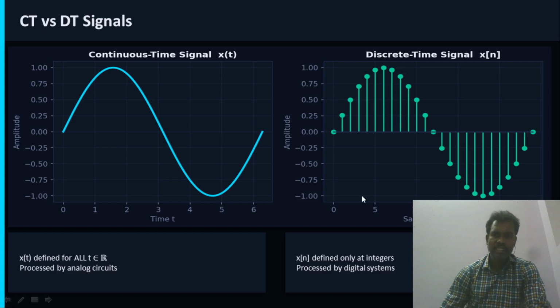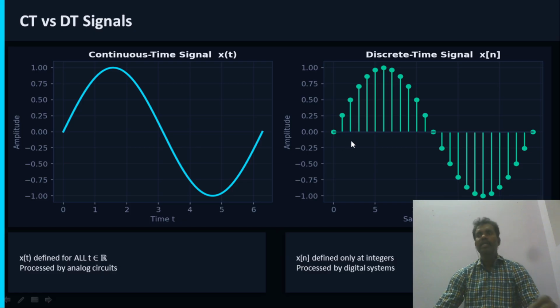The discrete time signal is represented with x of n, and the continuous time signal is represented with x of t. That means x of n Ts. The gap between two adjacent samples is Ts, the sampling period.